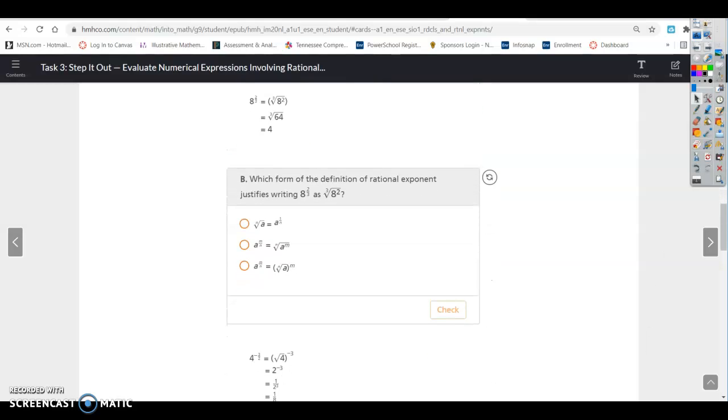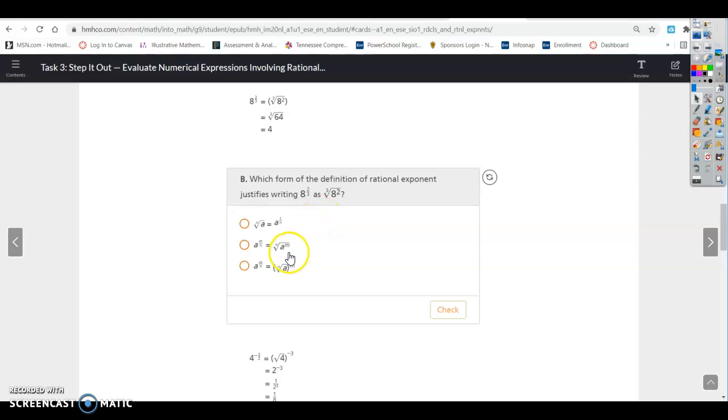All right, so it says 8 to the 2/3 power equals the cube root of 8 squared. We can do 8 squared first, so we're doing underneath the radical first. 8 squared is 64. Cube root of 64 is 4. Which form of the definition of rational exponent justifies writing 8 to the 2/3 power as cube root of 8 squared?